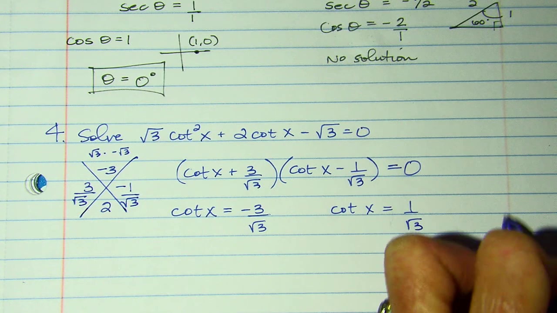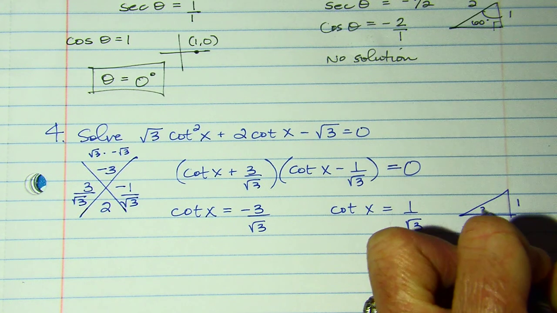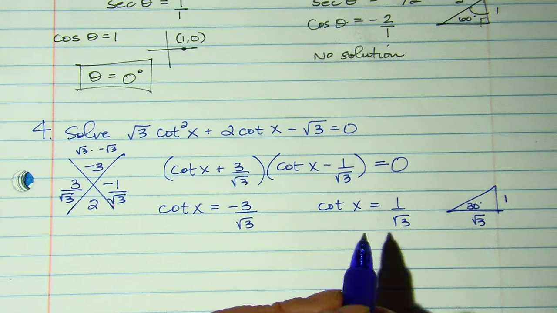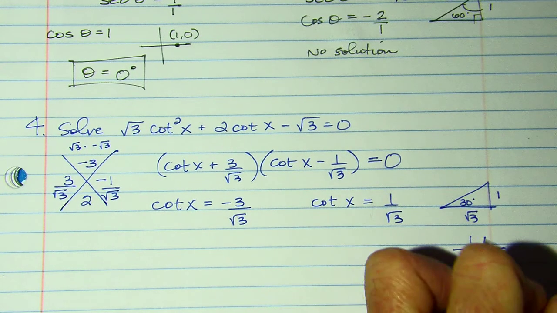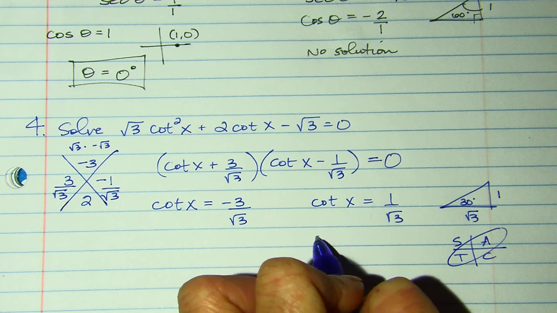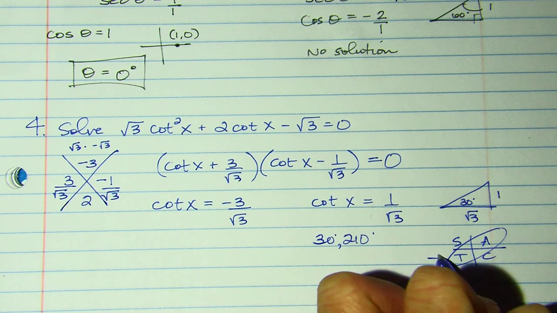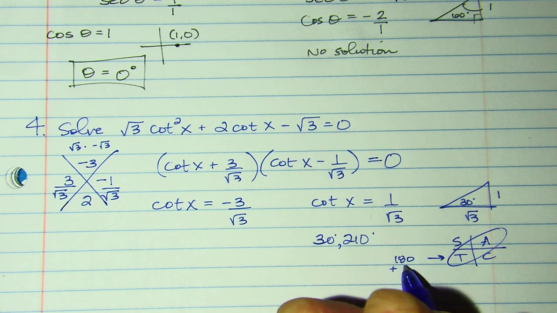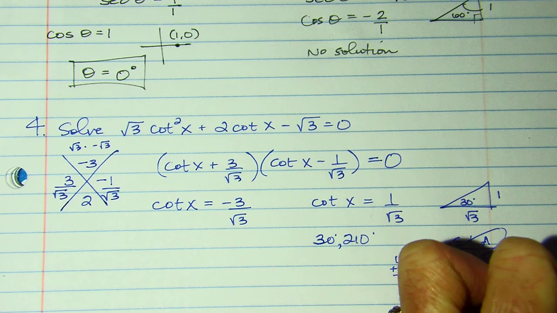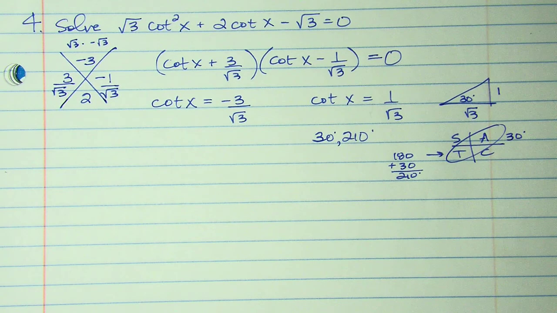And I'm going to start with this one. So 1 over root 3, that would be 30 degrees. But when is it positive? All students take calculus and these two. So 30 degrees and 210, right? Because this quadrant here would be 180 plus 30 degrees. And in this quadrant here, it would just be 30 degrees. You're always looking for those related angles.